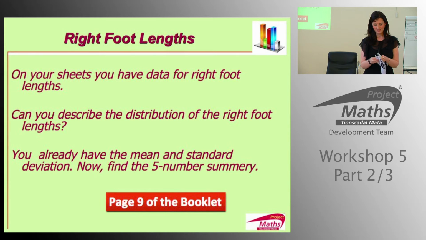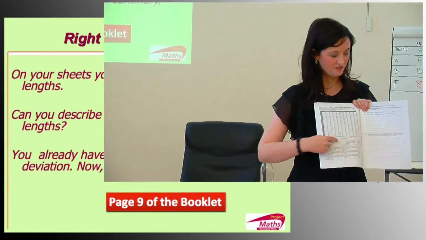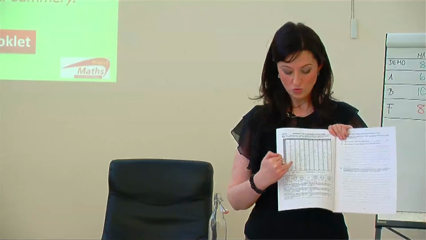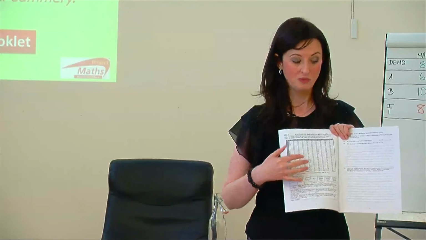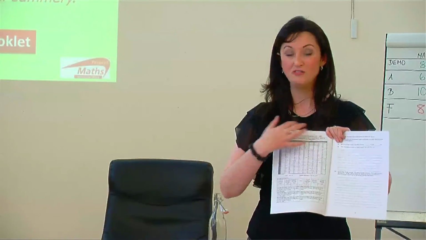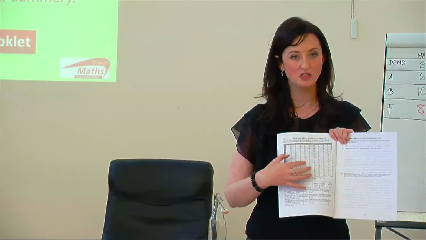Right, so our 200 pieces of data, we've been told the mean and we've been told the standard deviation. So I reckon if we knew what the median was and the 5-number summary, we might be able to tell a lot about that distribution without even drawing it. Just looking at the numbers, we might be able to gauge what's going on.